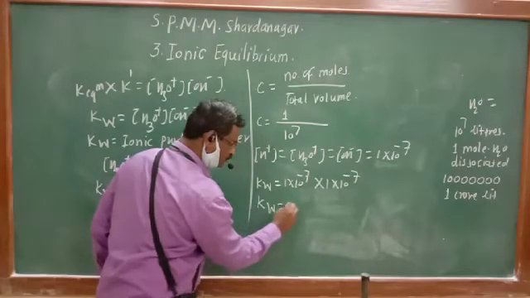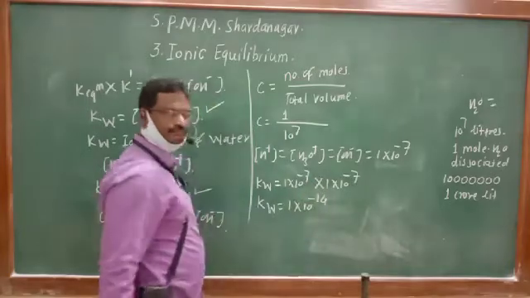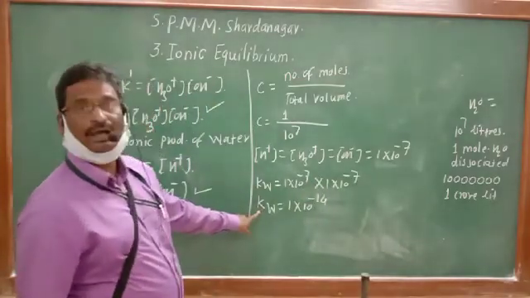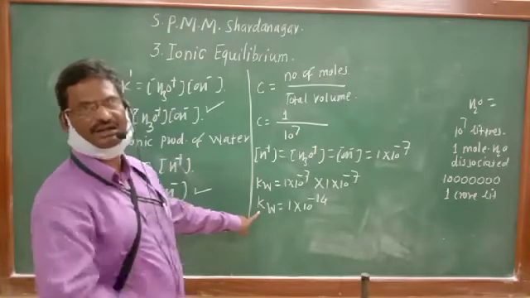Therefore, Kw is 1 into 10 raised to minus 14. This is known as the ionic product of water under standard conditions.